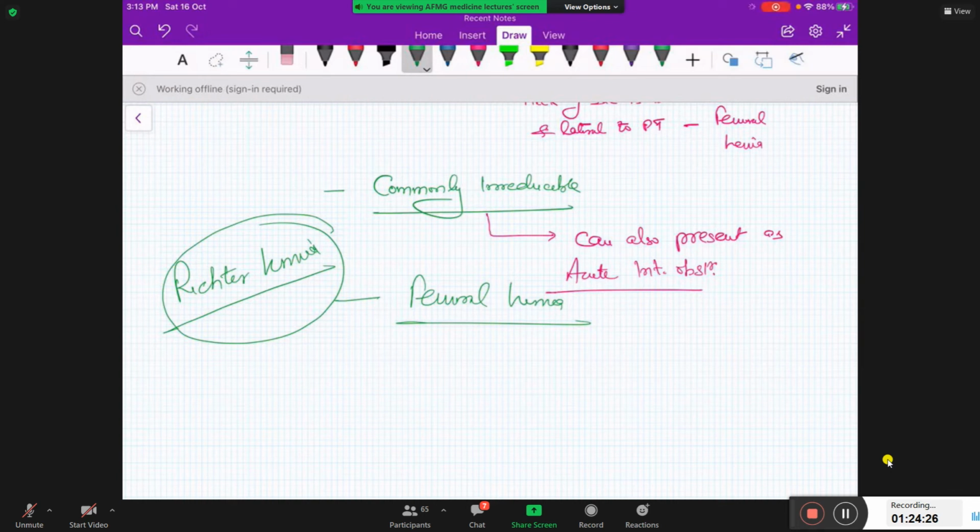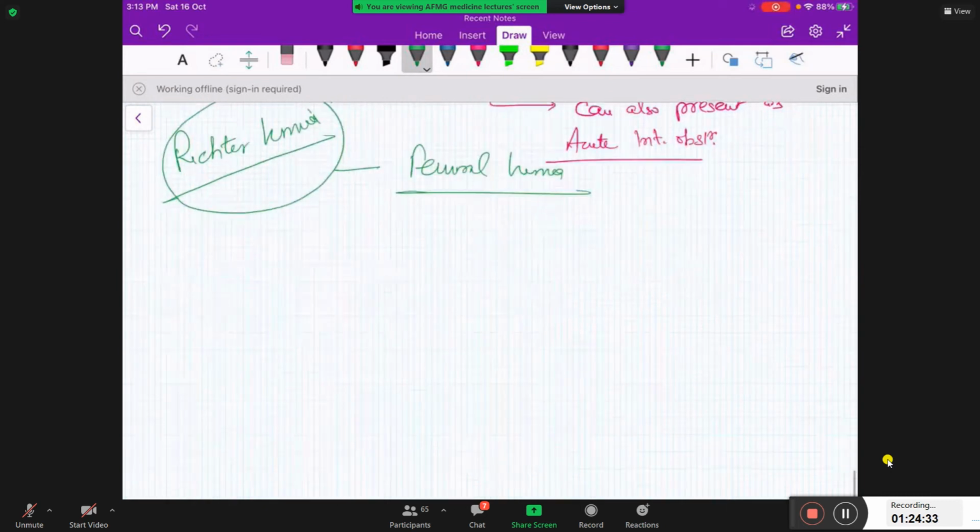Okay, and in femoral hernia, we have various types of repairs also.